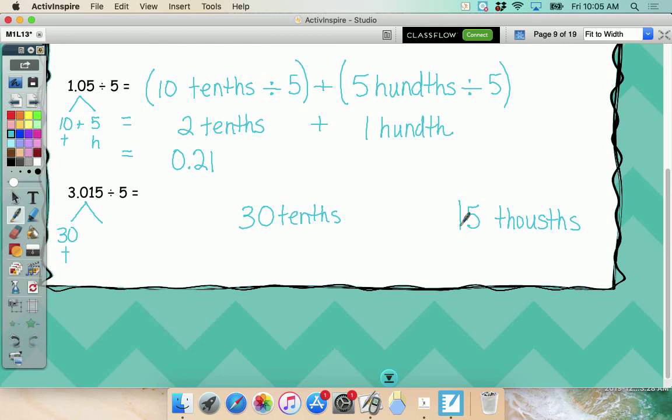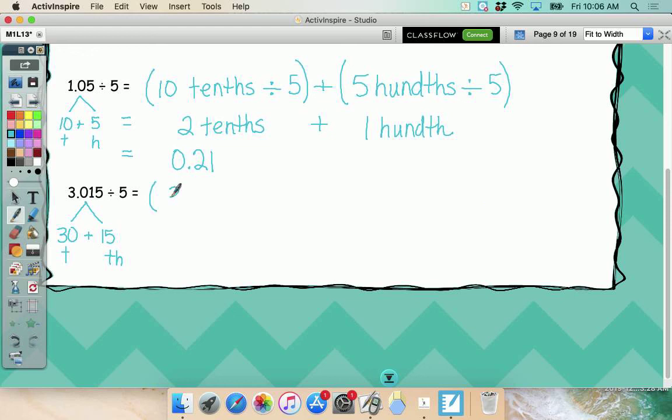I'm going to have 15/1000. And I'm just going to abbreviate like that. So to decompose 3 and 15/1000, I'm going to do 30/10 plus 15/1000. So that's what I will divide by 5.